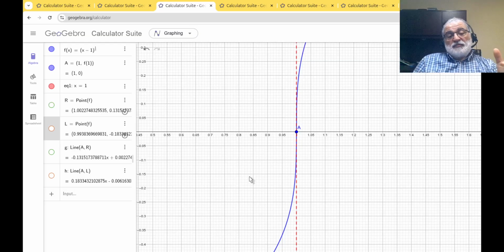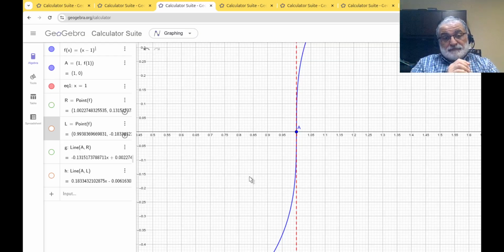So far we learned about two cases where we don't have a derivative. The first case is when the function itself is undefined. I don't have a value for the function. The second case is when the tangent to the graph of the function is vertical.